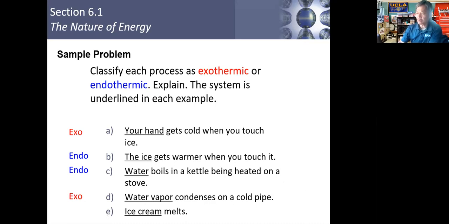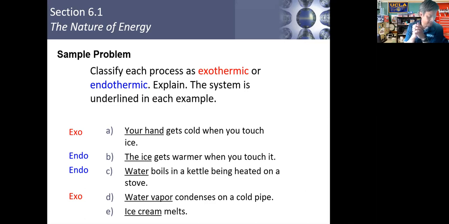The water vapor itself condensing, water has to give up its heat in order to condense. When we talk about condensation, a lot of folks think you've got to drop the temperature to get that done. You have to drop the temperature because water has to give up its energy in order to condense on the cold pipe.